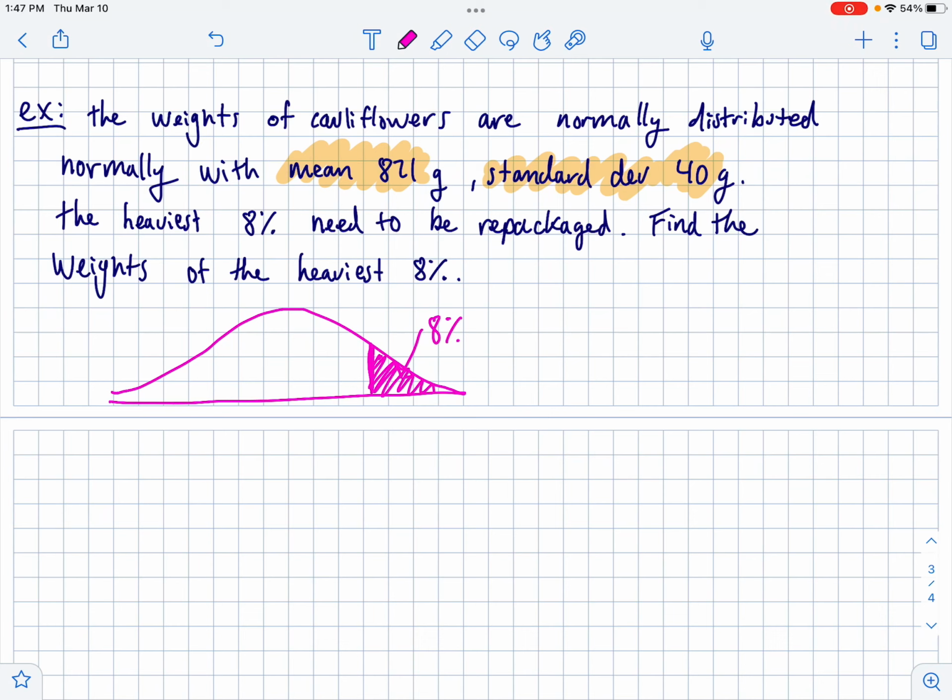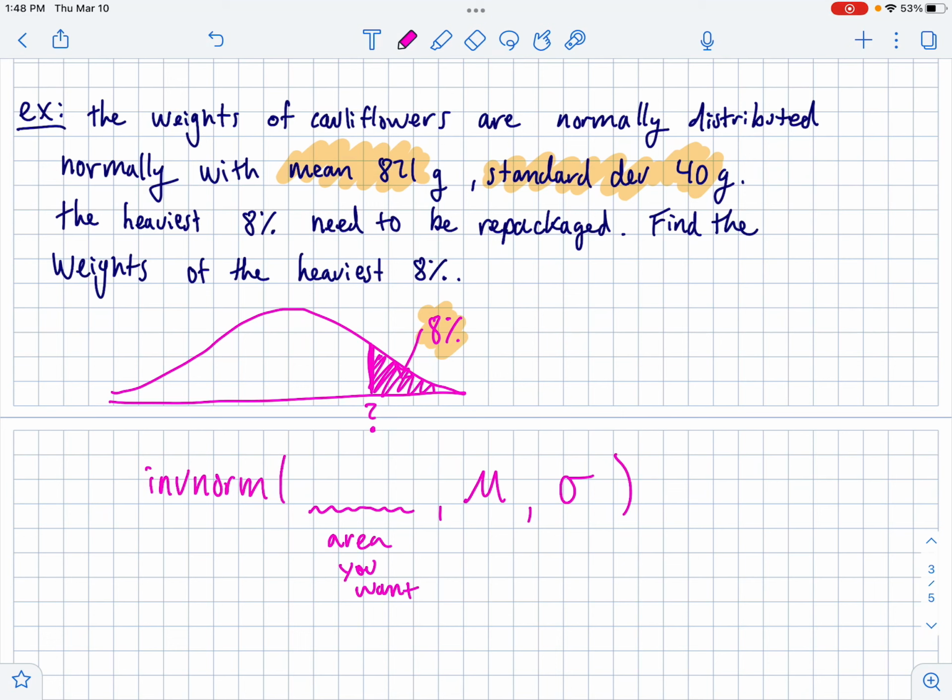Now, normal CDF, you punch in a mean and a standard deviation and a score cutoff. So with normal CDF, you'd put in the score, and then it would tell you the percentage. But we need something that goes backwards, that kind of undoes this. The way you're going to do this is with something called invnorm. The way invnorm works, you're going to put in the area that you want, and then the mean, and then the standard deviation.